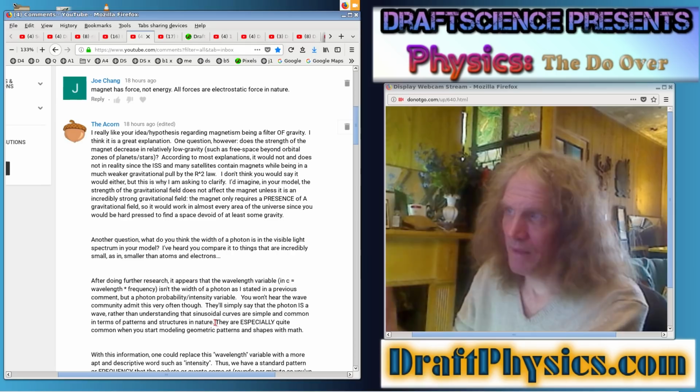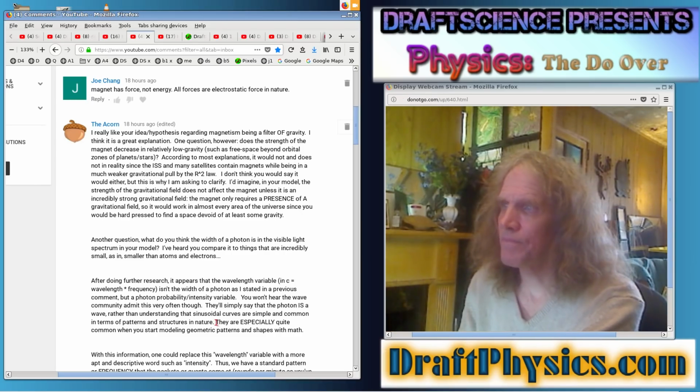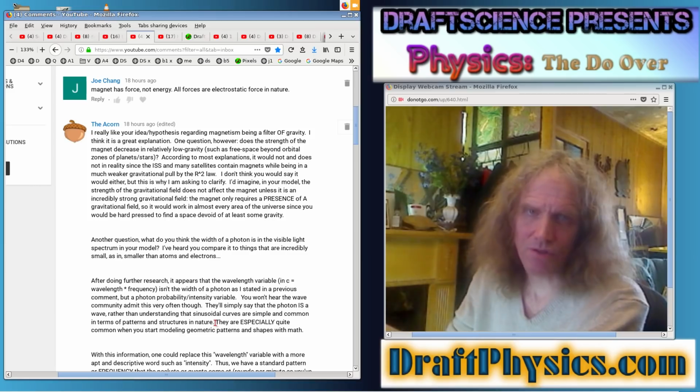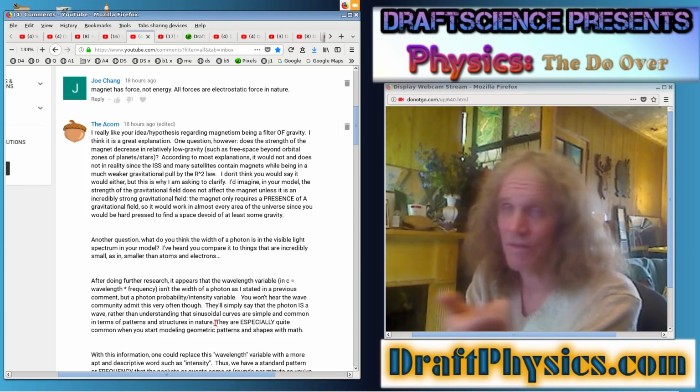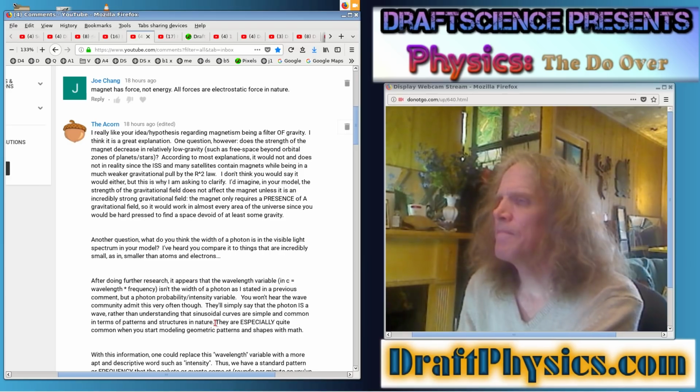So again, that's supposed to be the point made clear in the ultraviolet catastrophe and in Einstein's photoelectric effect, that it doesn't matter what this sinusoidal stuff is. All that really counts is that there's a clump of energy of a specific amount. They are especially quite common when you start modeling geometric patterns and shapes with mass.